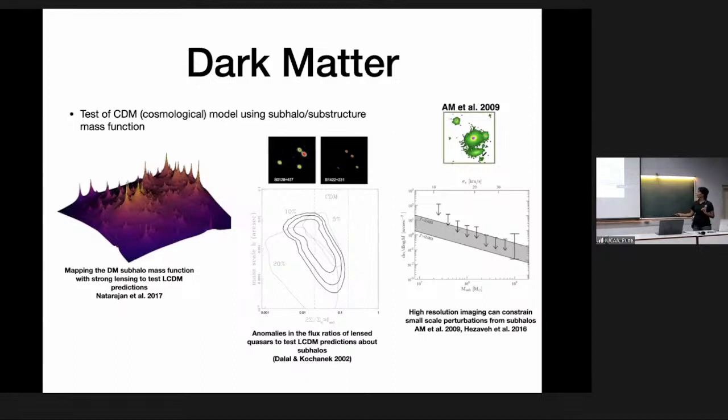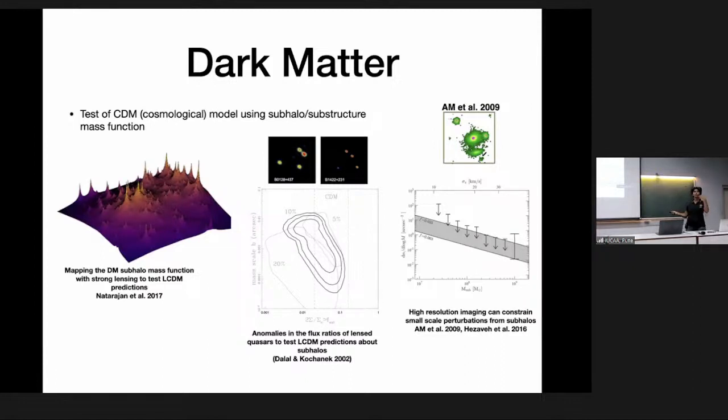Then there are other kinds of systems where we can look at individual galaxy clusters. Because galaxy clusters are so huge and have large lensing cross sections, a single galaxy cluster can have hundreds of background sources with their own families of multiple images. So one can study these individual galaxy clusters by taking high resolution and deep imaging and mapping out the entire mass distribution in their lens plane.